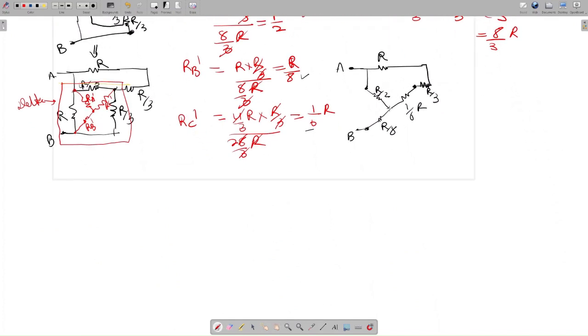So if we simplify in a presentable way, it will look like this. This and this are connected in series. 1, 2, 3 are connected in series. So we can draw. So this is R by 3 and this is R by 6.